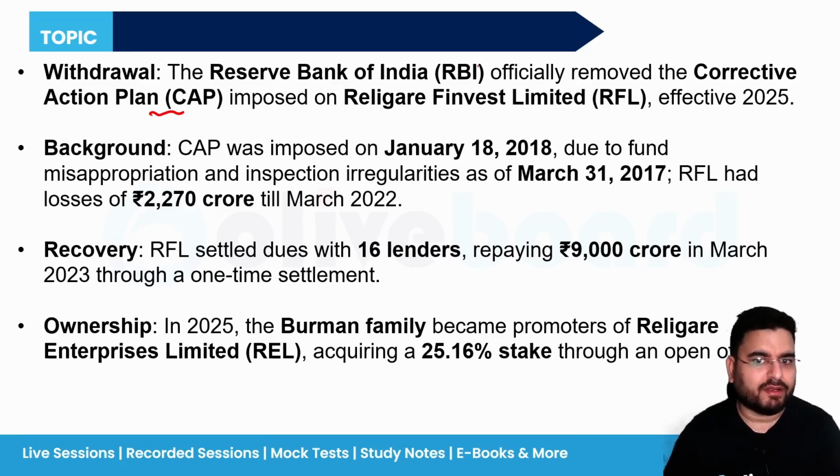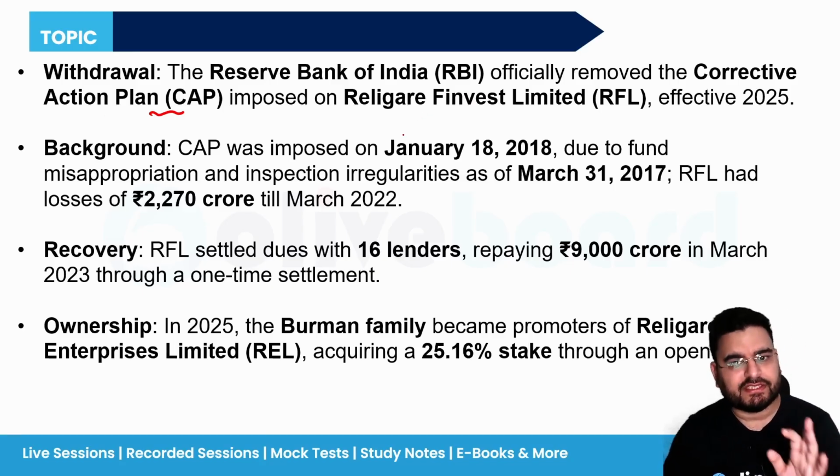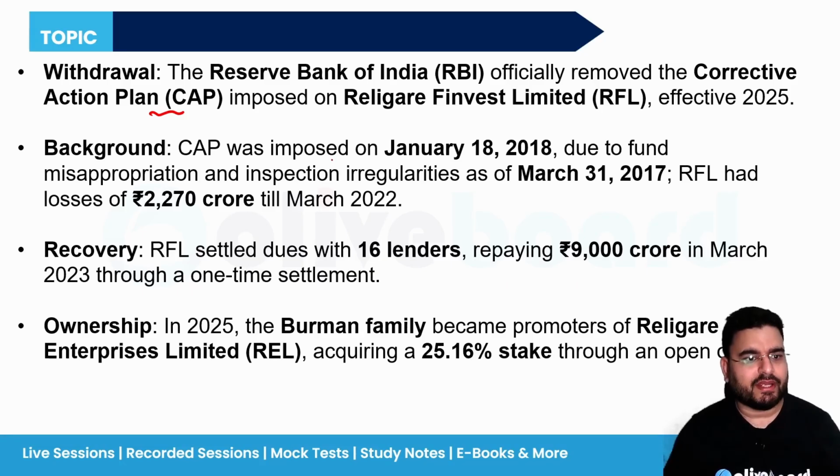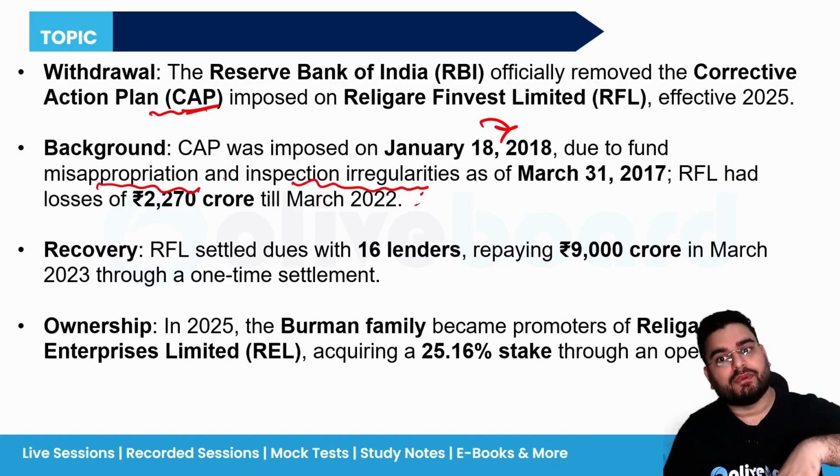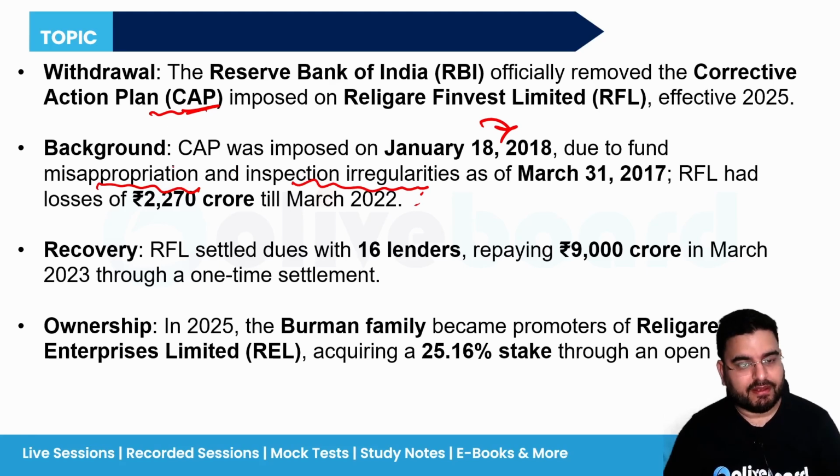So RBI has now removed it because Religare Finvest Limited is doing really good. Okay, why was it imposed? The plan was imposed because in 2018, due to funds misappropriation and inspection irregularities, RBI imposed the prompt corrective action plan.